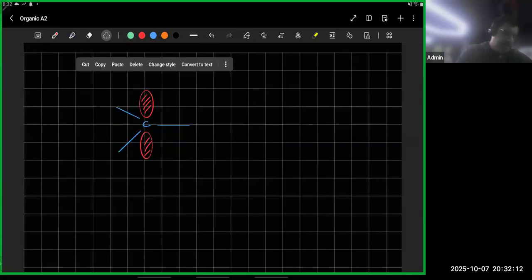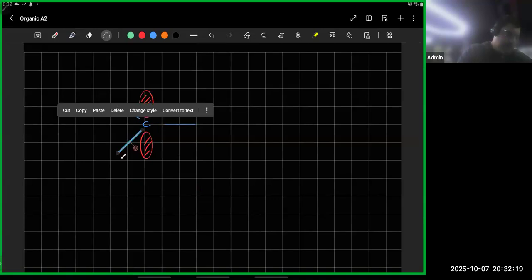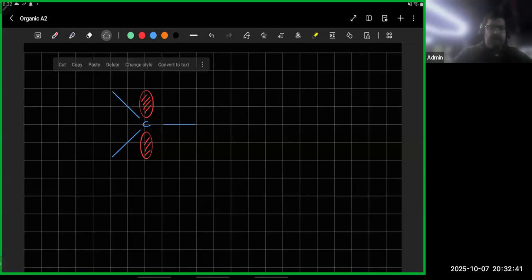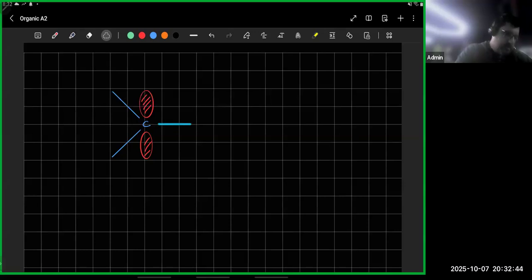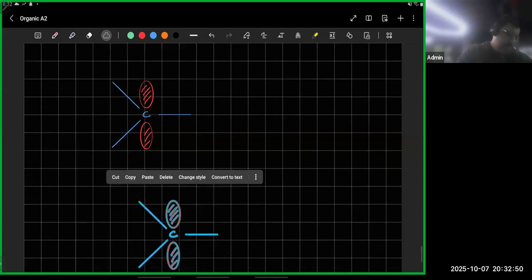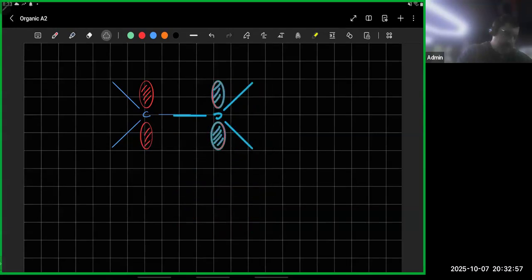Let me straighten this a bit and move it up. Okay. So I'm going to copy this, and I'm going to attach six of these together.